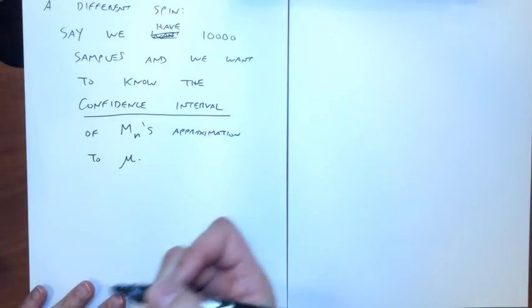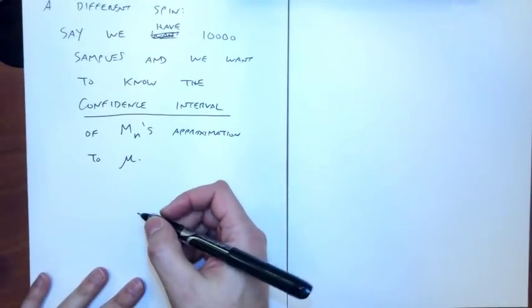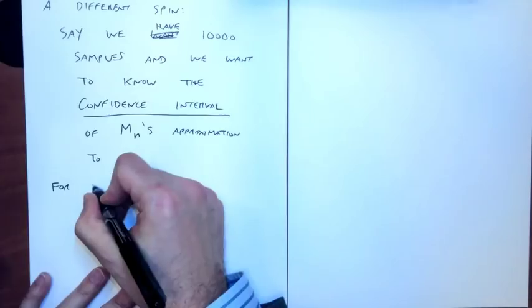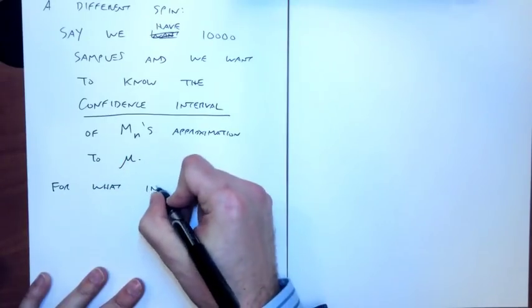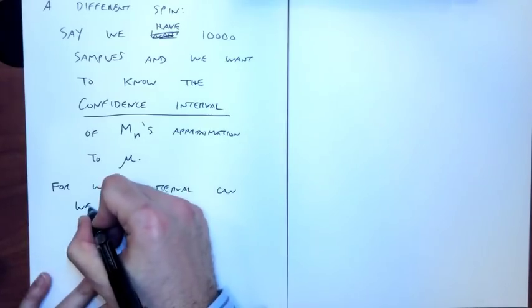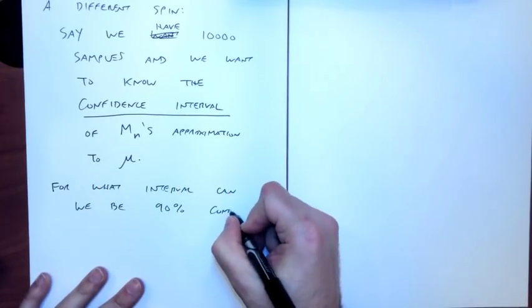Let's suppose that I have 10,000 samples, and I'm also going to keep the 90% confidence. So for what region, or for what interval, can we be 90% confident?